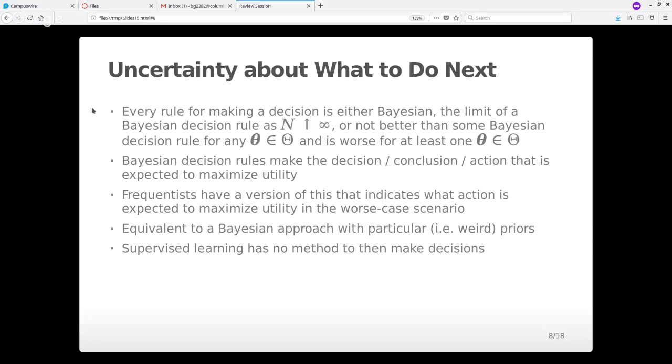But it says, okay, what is the minimax approach here? What gives you the most utility in the worst case scenario? And so in every other scenario, it's going to be a little bit better than that, maximizing this lower bound to what utility is.